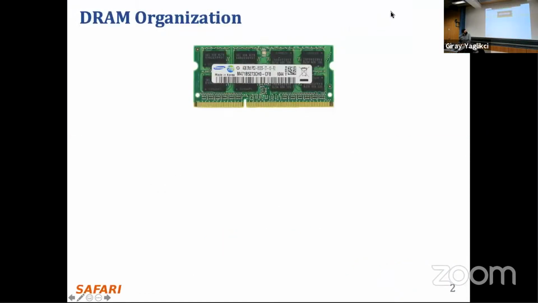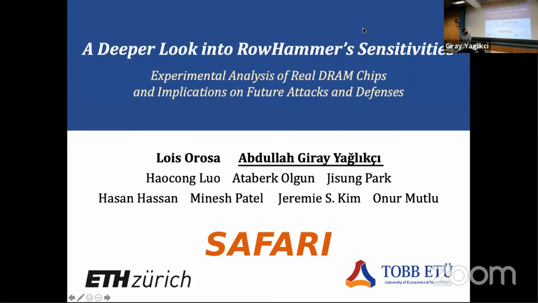I wanted to put these two works together consecutively because the first work looks at existing devices and existing protection mechanisms and tries to figure out what's going on underneath, what the existing state of the art in protection mechanisms from the DRAM manufacturer's perspective are, and shows that they're not very effective.